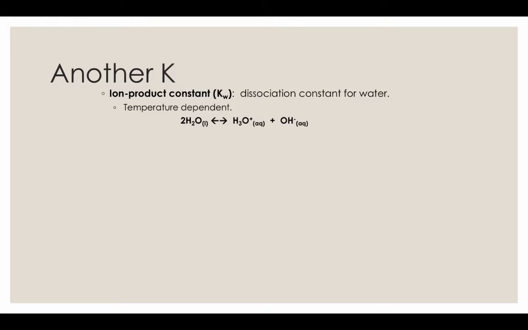Though when we're working at temperatures other than 25, the Kw value will vary. Looking again at our autoionization of water reaction, we can write a K expression for this reaction. Again, we don't include H2O liquid because liquids are not included in our K expressions. And we can choose to write it with hydronium or with H+, same thing either way.